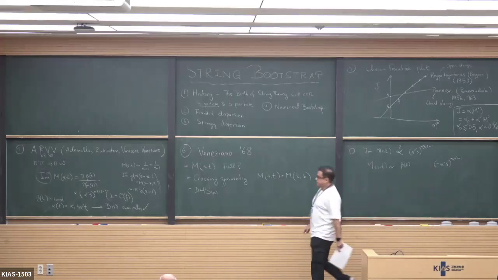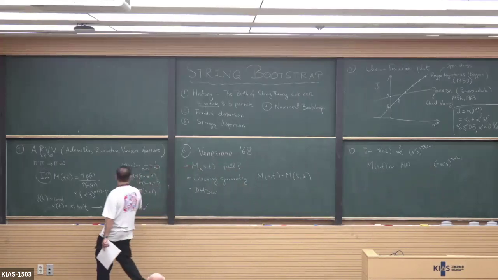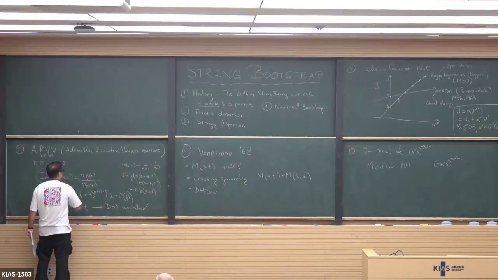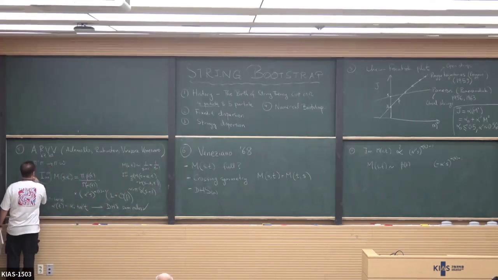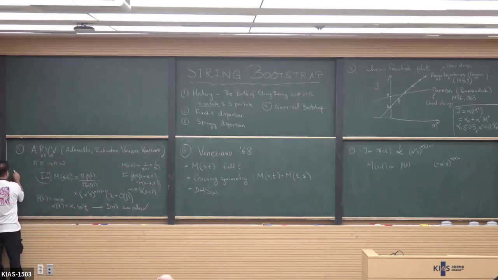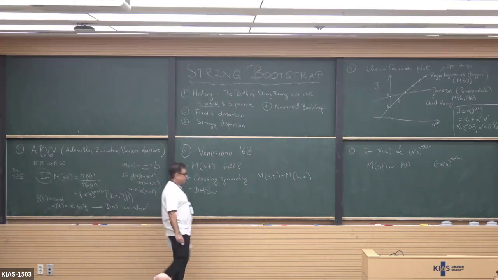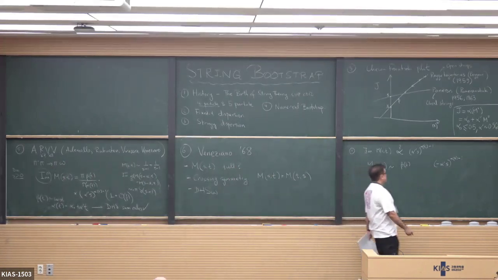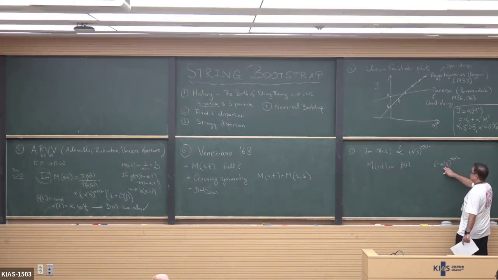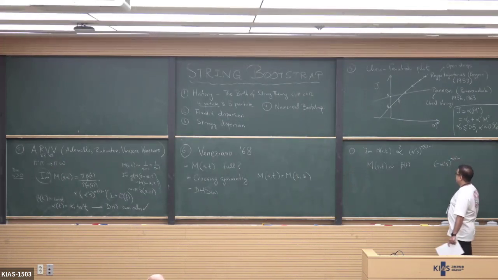So I should have said that the discontinuity is for positive s only. So if you have a function that is proportional to this, you are going to get that discontinuity.